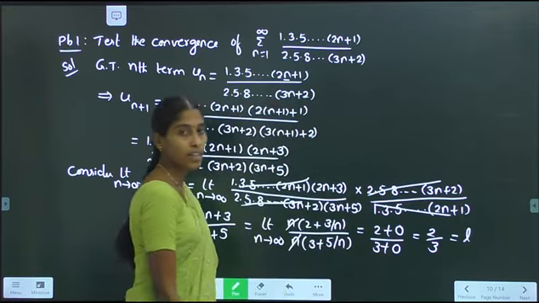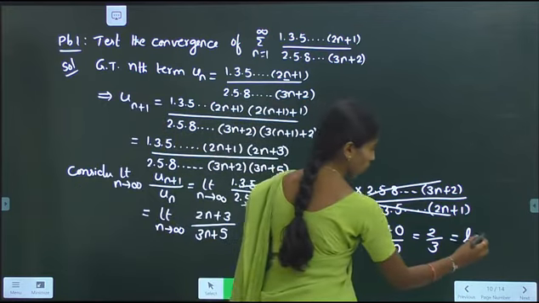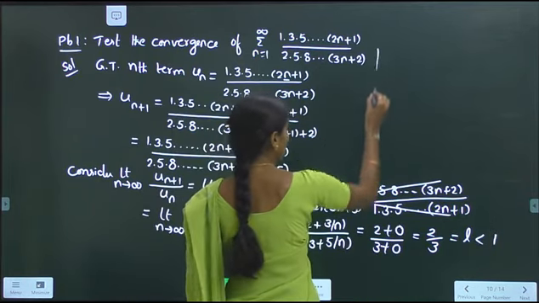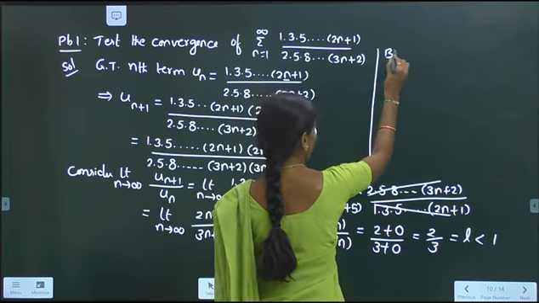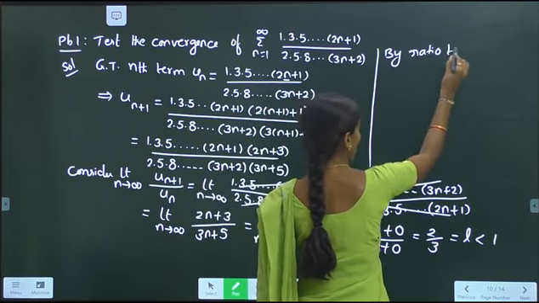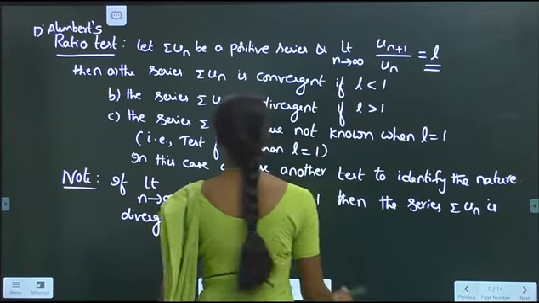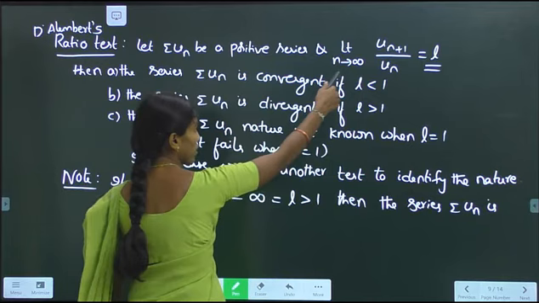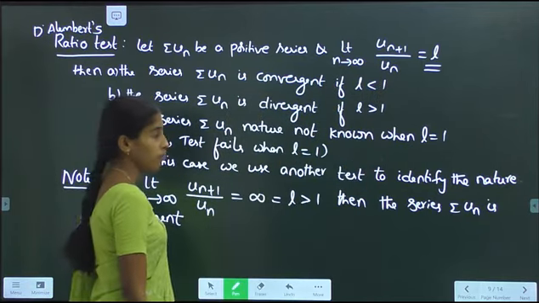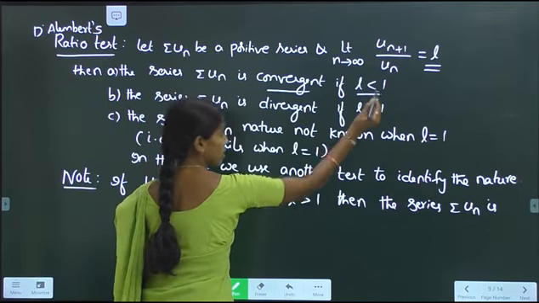What is the 2 by 3 value? It is 0.666 like that. So which value is less than 1, right? So by ratio test, what is ratio test? Limit n tends to infinity, un plus 1 by un is equal to L, and if L value is less than 1, series is convergent.